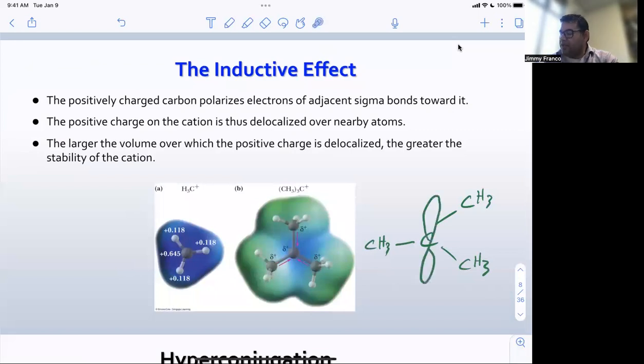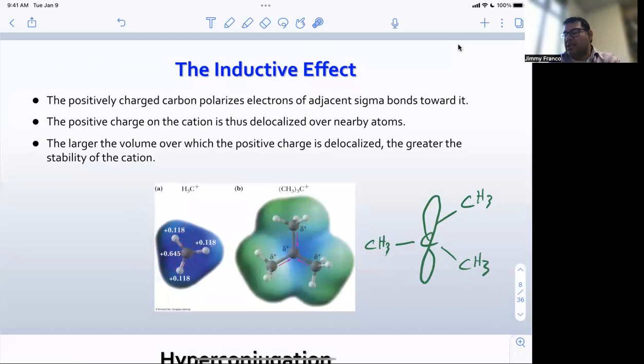What the inductive effect says is that we can push some of the electron density from each of these carbons. And that's what this picture here is trying to show you, that there's a little bit of electron density from each one of these carbons that we can contribute in. Every time we have a carbon, there's some electron density we can push in. If it's a hydrogen, there's nothing to contribute, right? So there's no electron density we can contribute. And so that's the problem why a methyl is so unstable, there's nothing helping stabilize that positive charge.